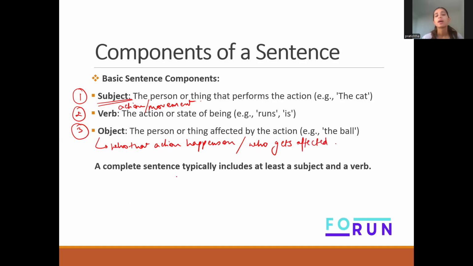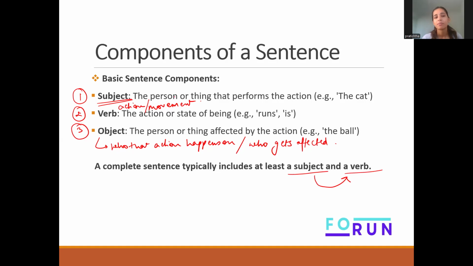A complete sentence will include at least a subject and a verb. Sometimes we will see that there is no object, just that the subject is performing an action. That is the simplest kind of sentence, and I will give you examples.